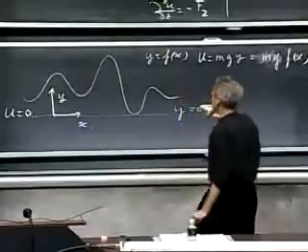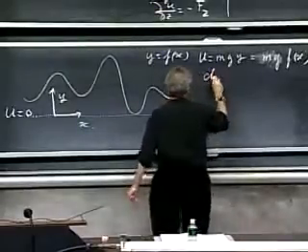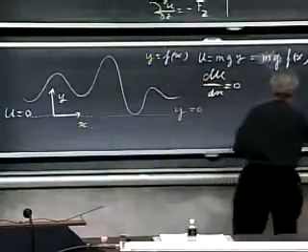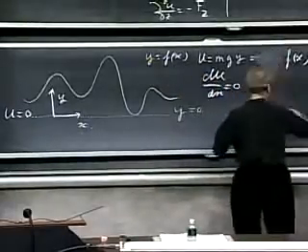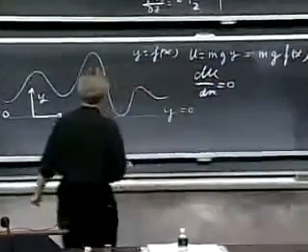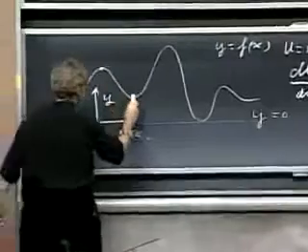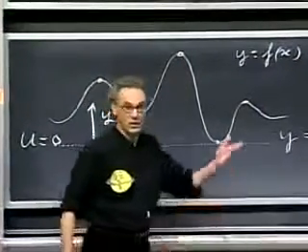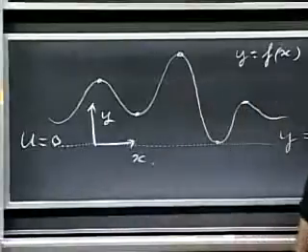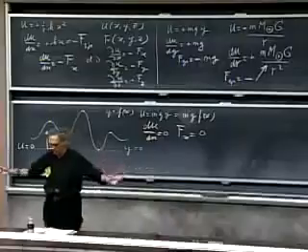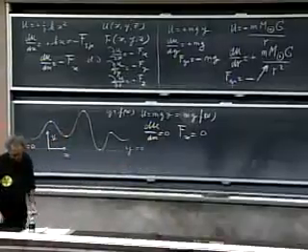There are points here where du/dx equals 0. I'll get a nice mg in here. Where are those points? Those points are here, here, here, here, and here. If du/dx is 0, it means that the component of the force in the x direction is 0, because du/dx is minus the force in the x direction.